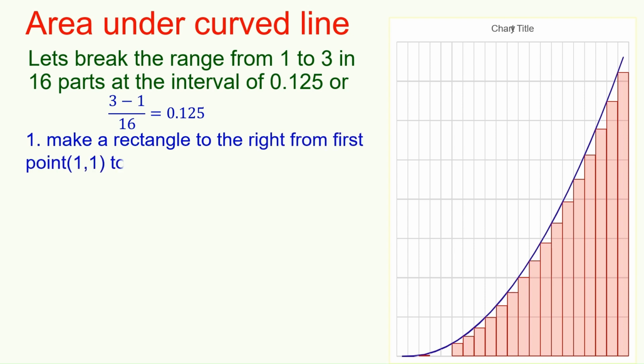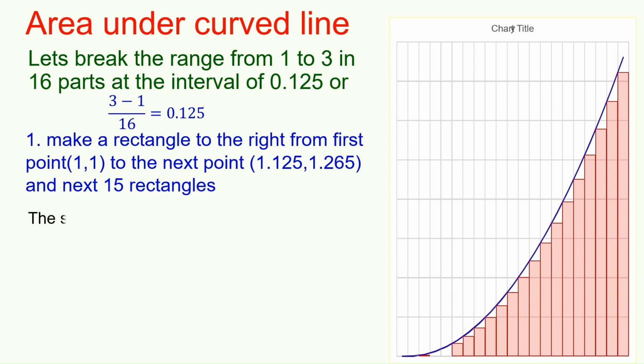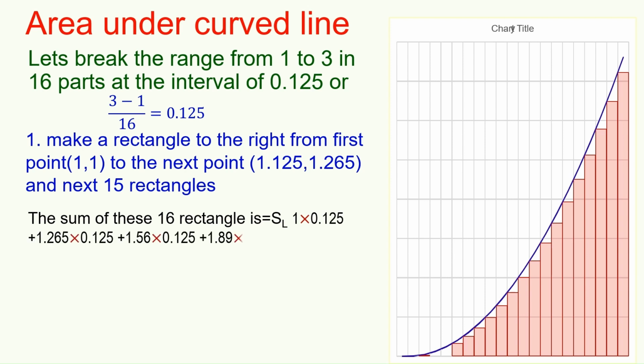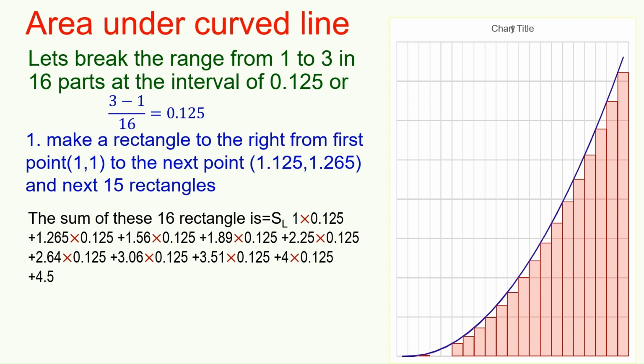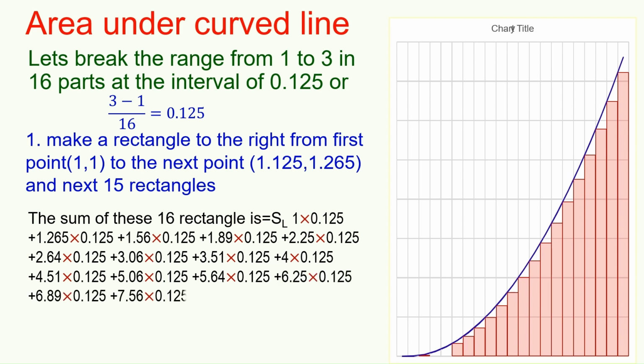Make a rectangle to the right from first point, 1, 1, to the next point, 1.125, 1.265, and then next 15 rectangles. The sum of these 16 rectangles is equals SL plus, as given here, added to is equal to 65.375 times 0.125, equals 8.1718.